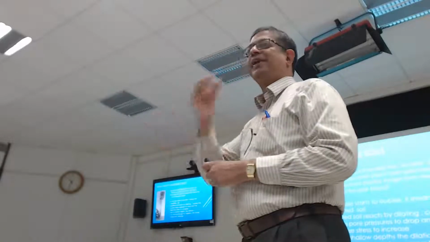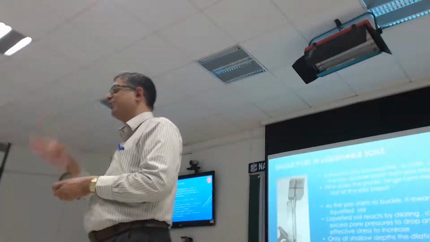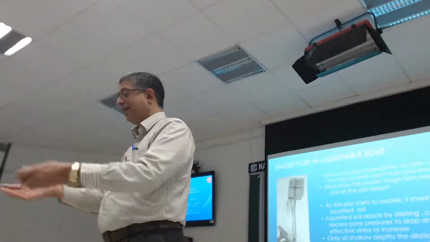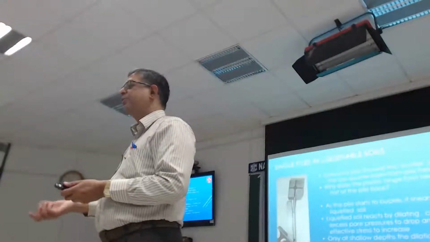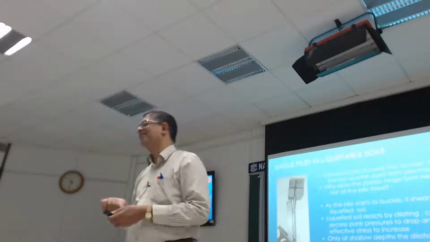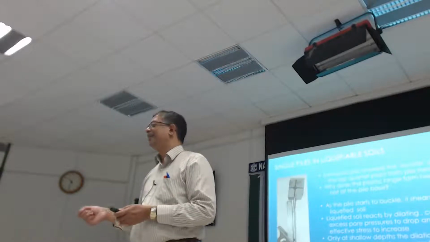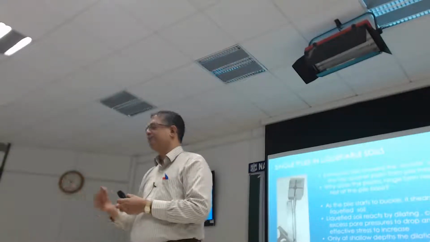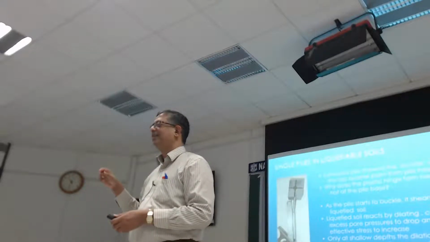A good example is when Ray Seed came to the Bhuj earthquake after the earthquake, and there were no earthquake records, because the one seismograph they had, they set the gains on it wrong because they never expected the earthquake to be so big and so close. So when the earthquake happened, it saturated.